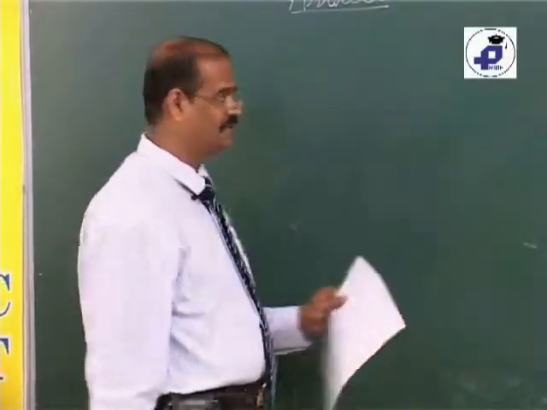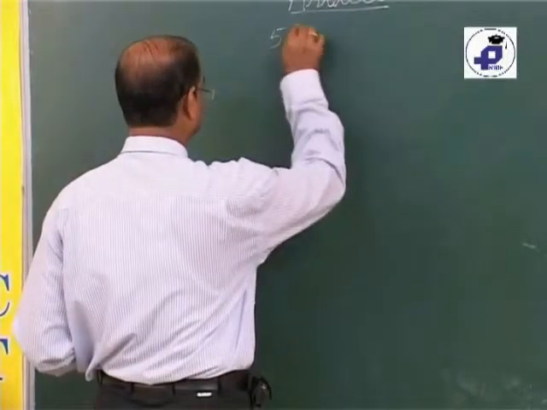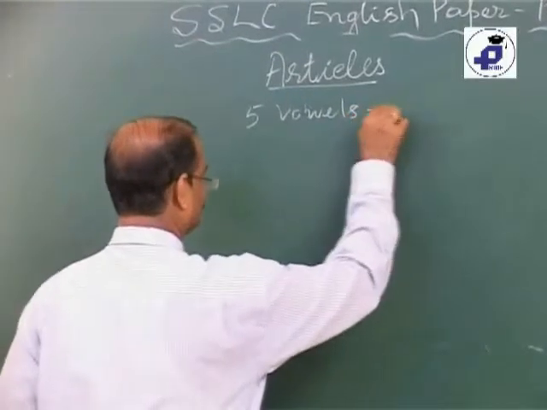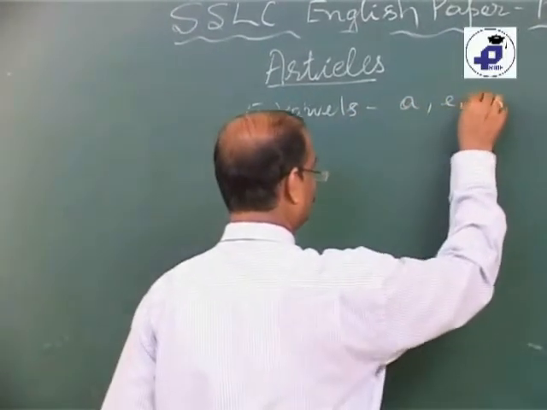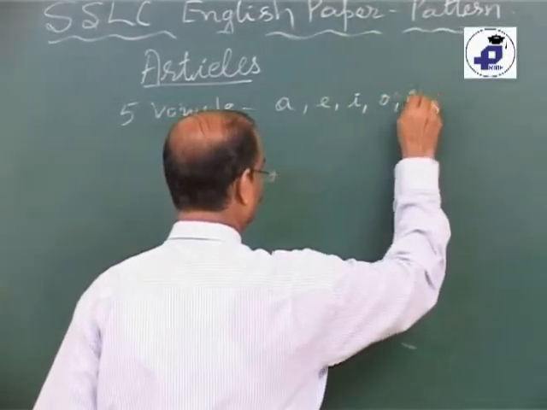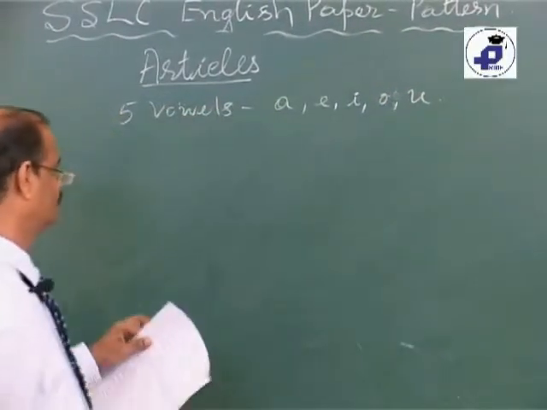Now generally in English, we have 5 vowel letters. That is A, E, I, O and U. These are the 5 vowel letters.